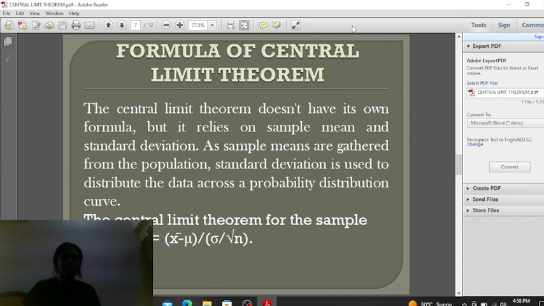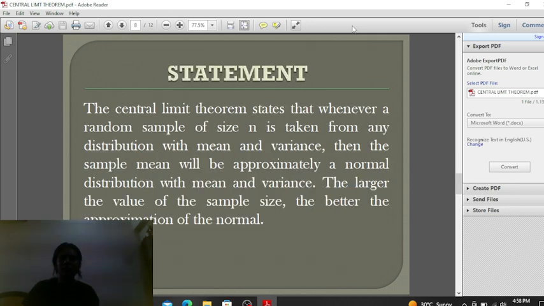The central limit theorem for a sample is z = (x bar minus mu) divided by (sigma divided by the square root of n). As you can see in the slide, this is the central limit theorem formula for the sample mean.